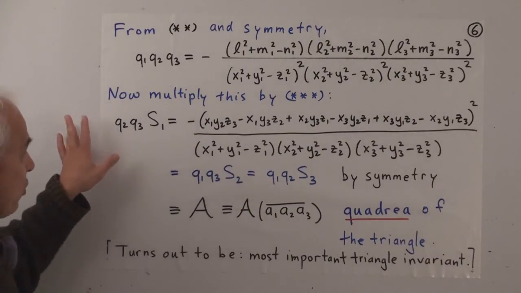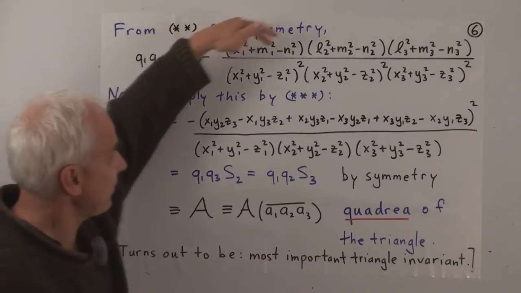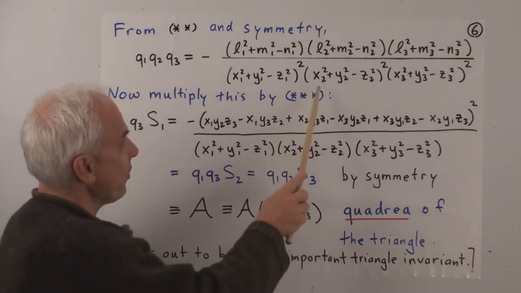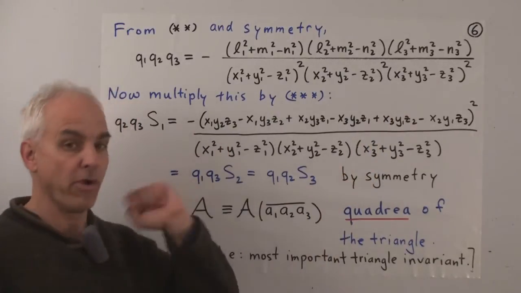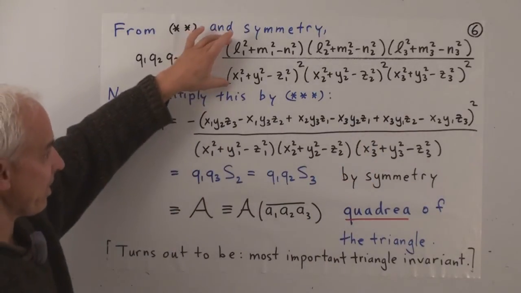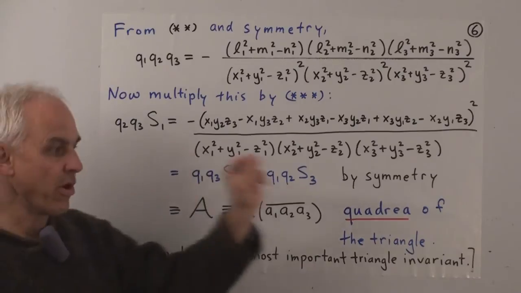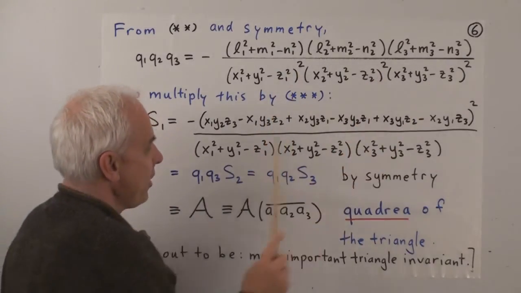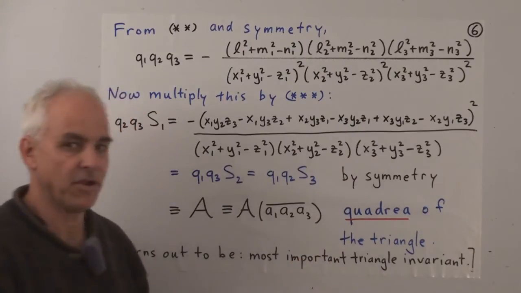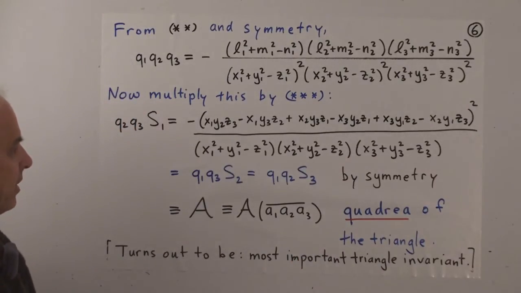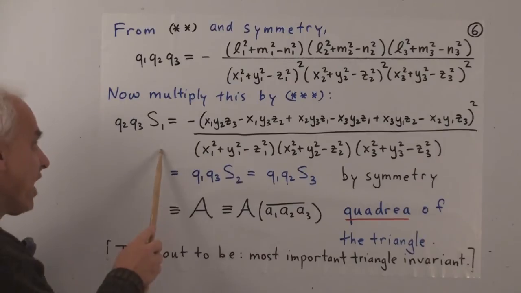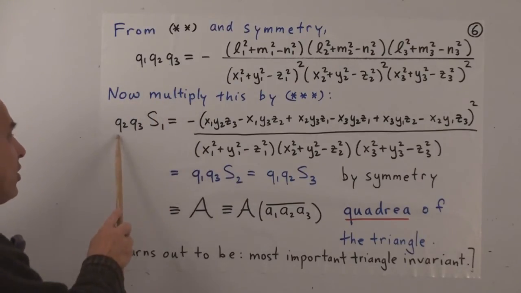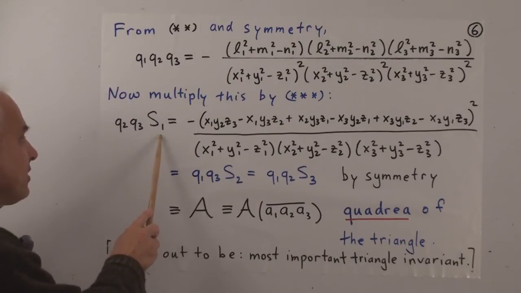So when we multiply by Q1, Q2, Q3, that's going to disappear. And it had x1 squared, x2 squared, x3 squared in the numerator. So again, when we multiply by this, those numerators are going to be disappearing, but because these have factors too, they're going to be appearing in the denominator. And of course, if we multiply S1 divided by Q1, Q2, Q3, then we get Q2, Q3 times S1.